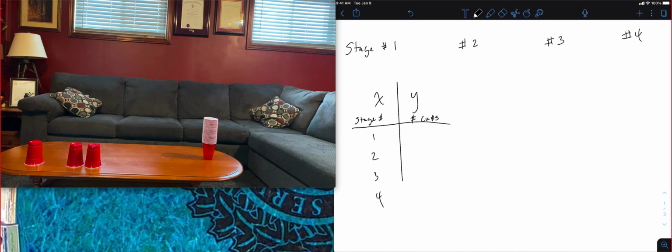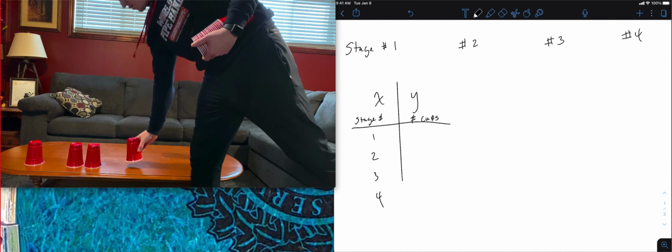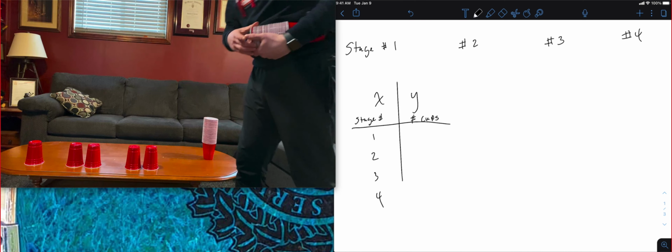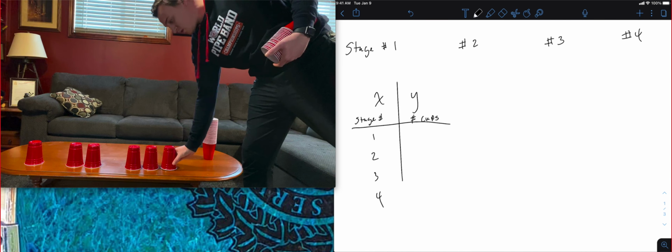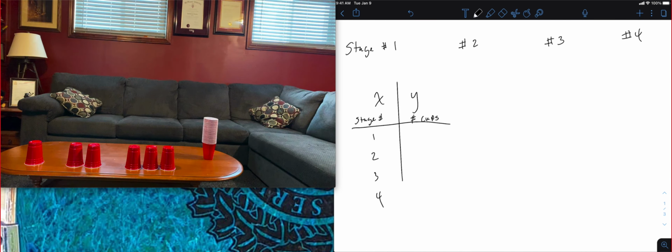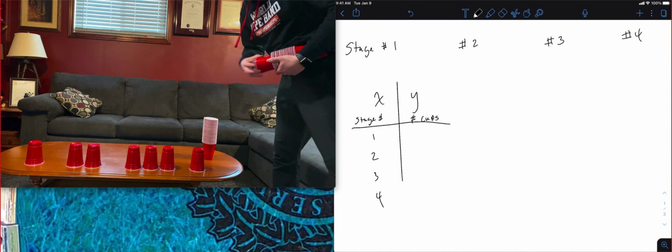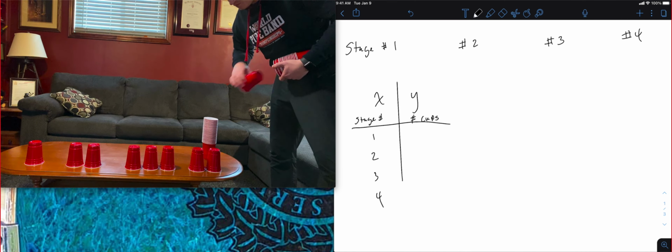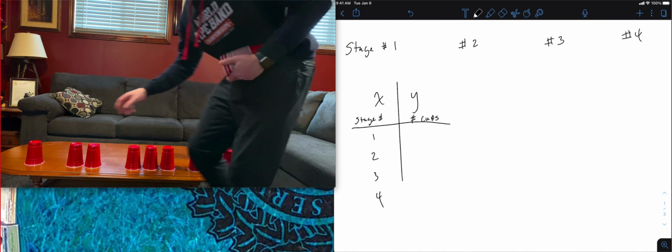Okay, so we went from 1 cup to 2 cups, and then the base of stage 3 would have 3 cups, right? And then the base of stage 4, if I can fit it on the table, would have, I don't think it's going to fit, but I'll move it down.